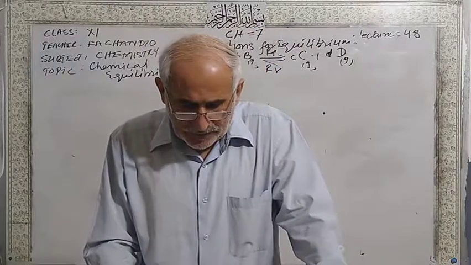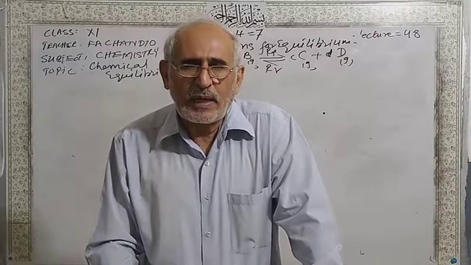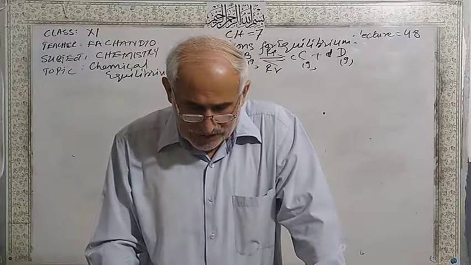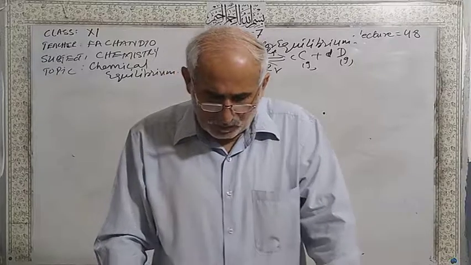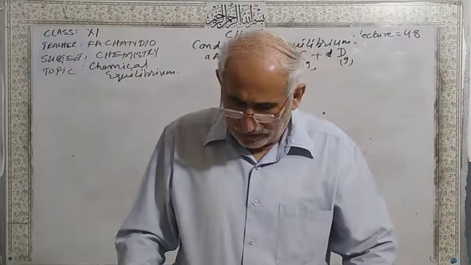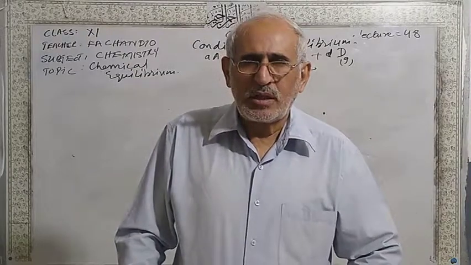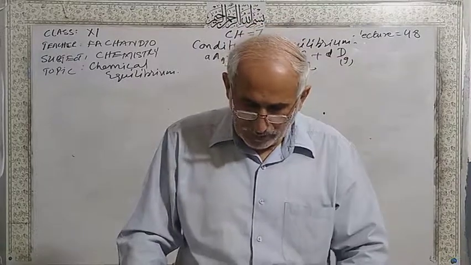It has its own value at a particular temperature. So if we start the reaction with the pure reactants or pure products or any composition in between, the value of Kc remains unchanged unless you change the temperature.